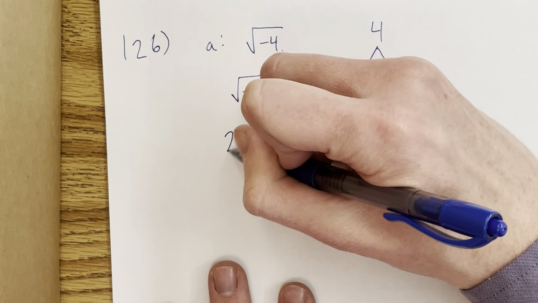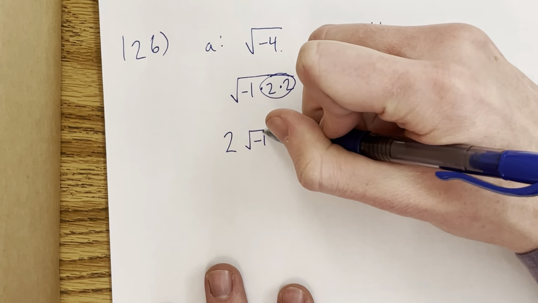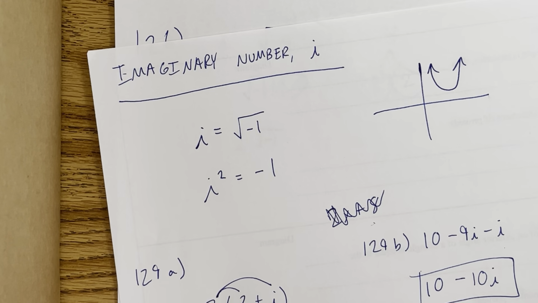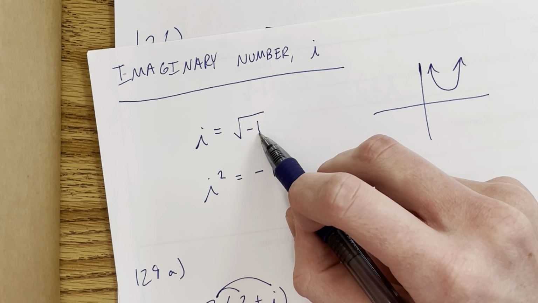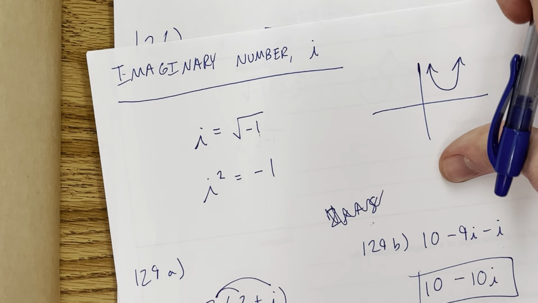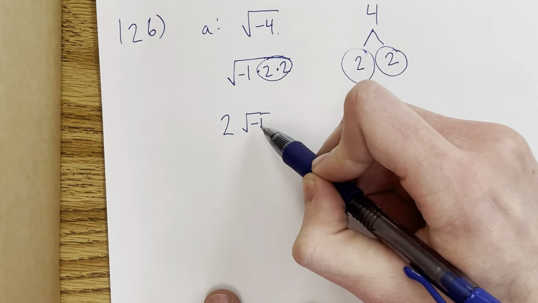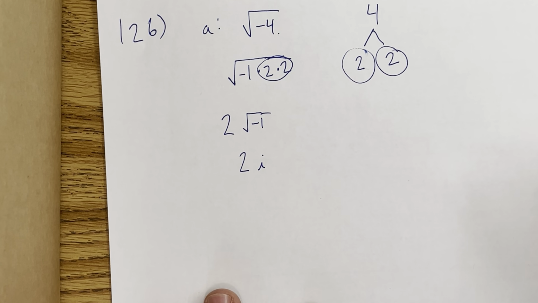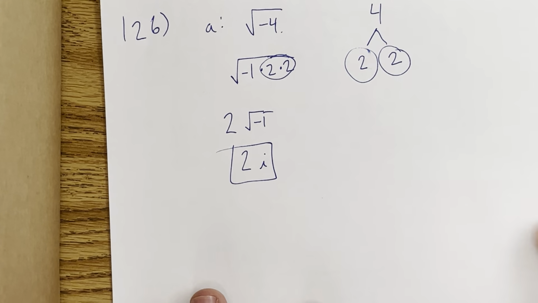So that would leave us with 2 square root negative 1. Now, if we remember what I is equal to, I is the same as square root of negative 1. So we can rewrite this square root of negative 1 as 2 times I, 2I.